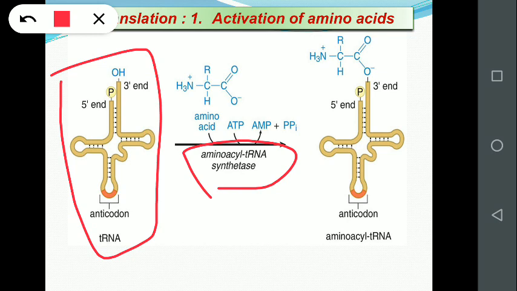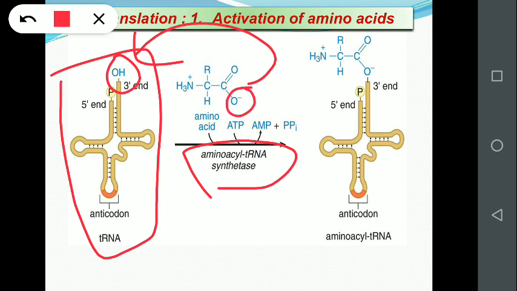Because of that, this amino acid will be attached to the 3' hydroxy end of the tRNA. This is the amino acid. So now you have the OH and COO minus.